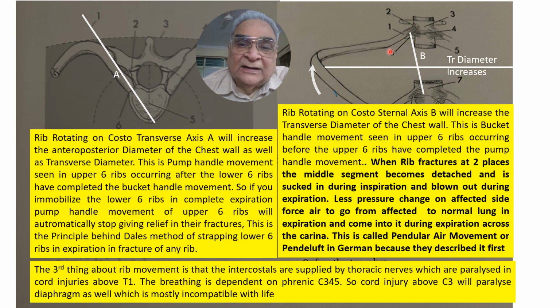And this is the bucket handle movement. You see this rib and it is moving like a bucket handle. It is basically moving on this B axis and it is increasing the transverse diameter of the chest.